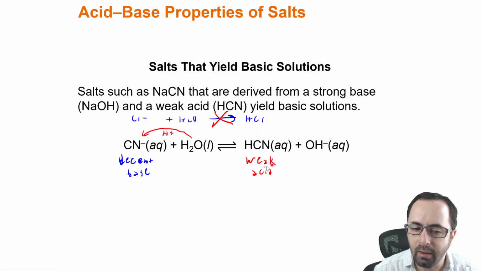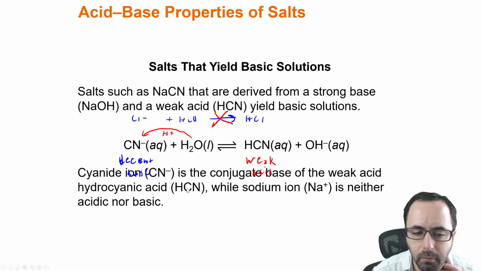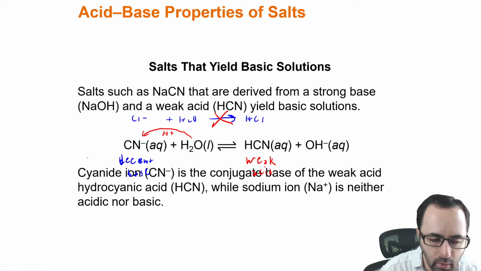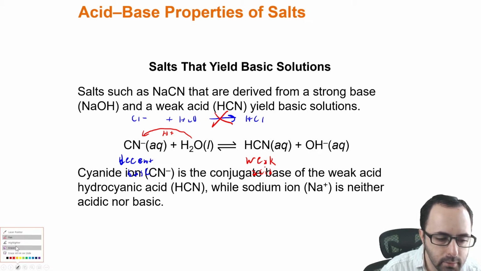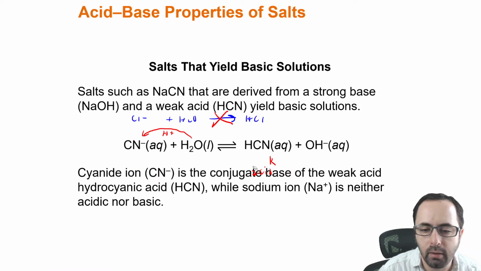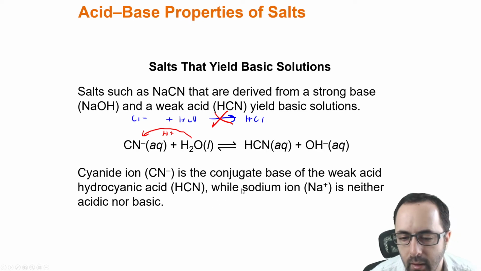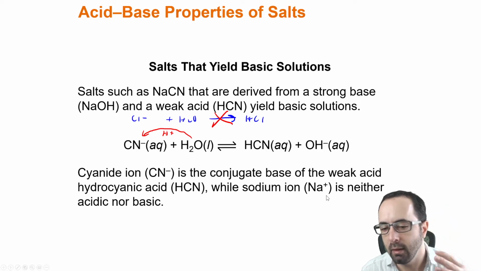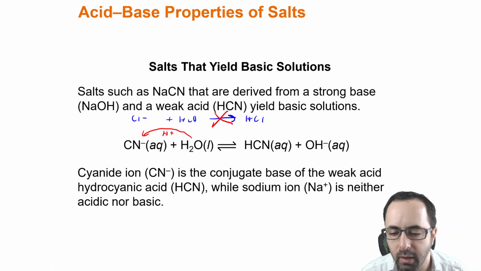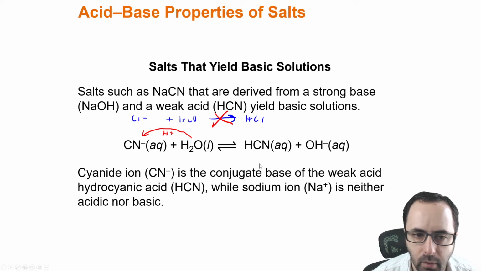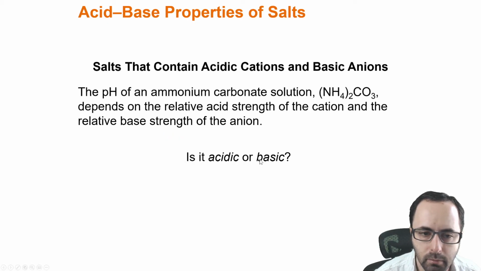The stronger the acid, the weaker the conjugate base. But for a weak acid, the weaker the acid, the stronger the conjugate base. And so this is a decent base here. Cyanide ion is the conjugate base of the weak acid HCN. Sodium is neither acidic nor basic. Again, it's a positive 1 ion. Those are never going to be acidic.